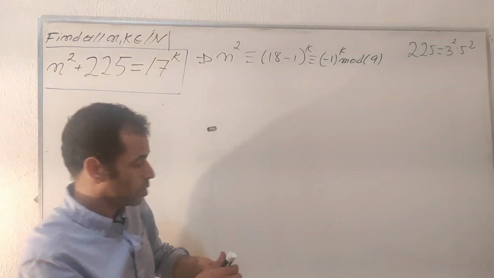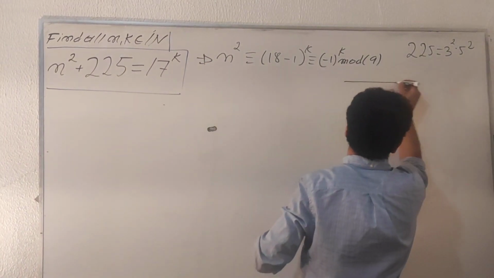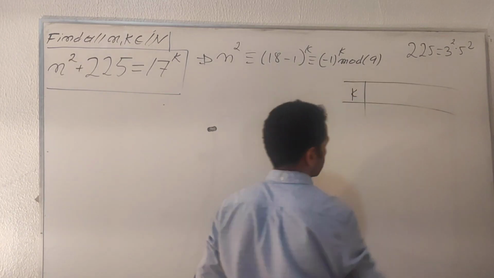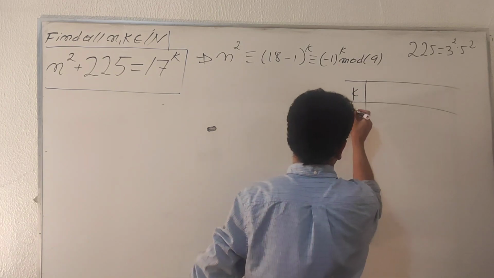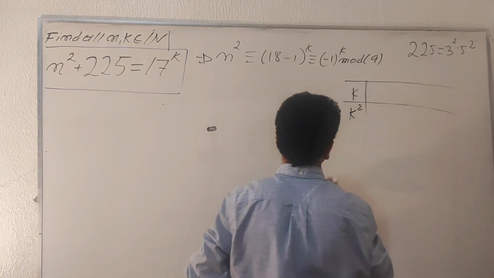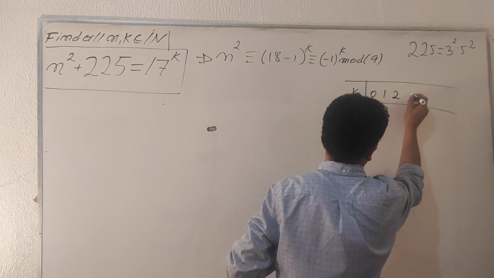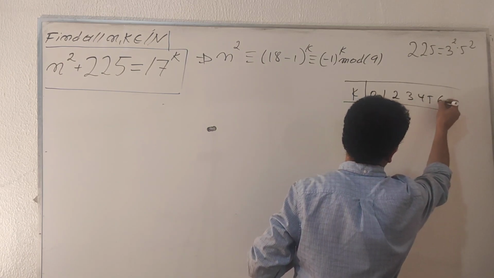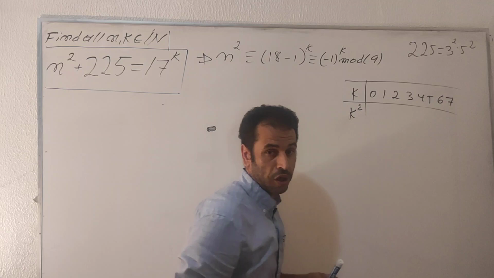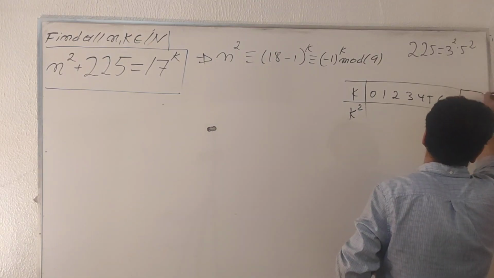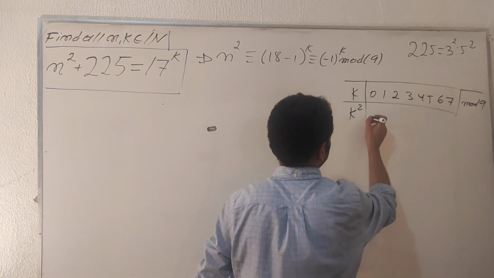Okay, so here is the chart. I get k squared, with the following values for k: 0, 1, 2, 3, 4, 5, 6, 7, and so on. Let's reduce it modulo 9.